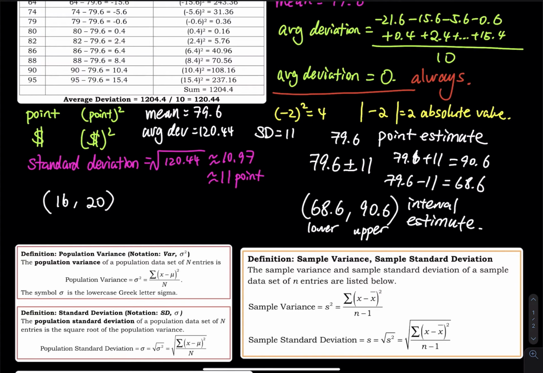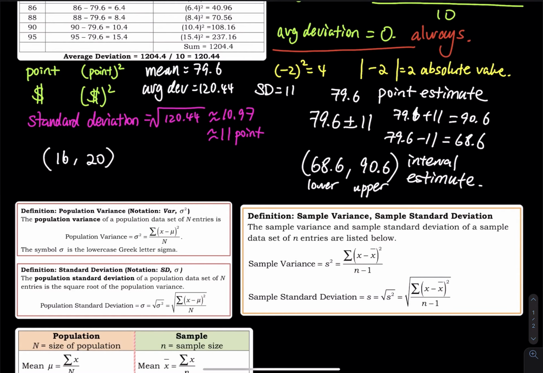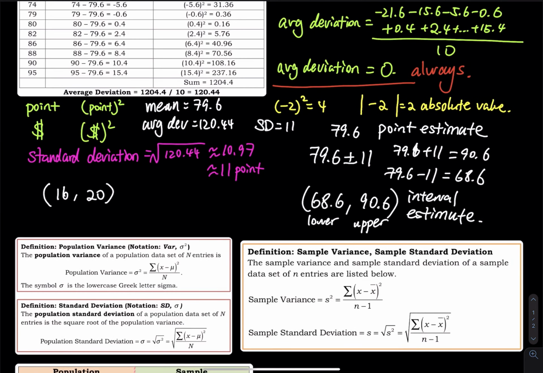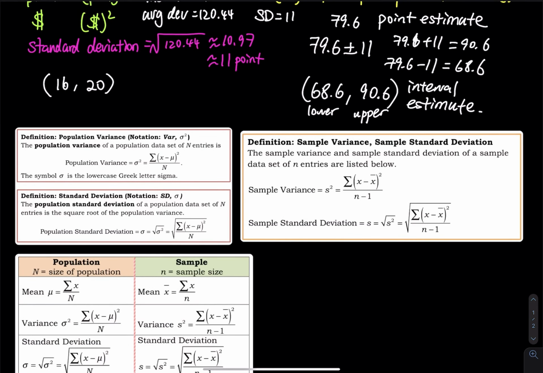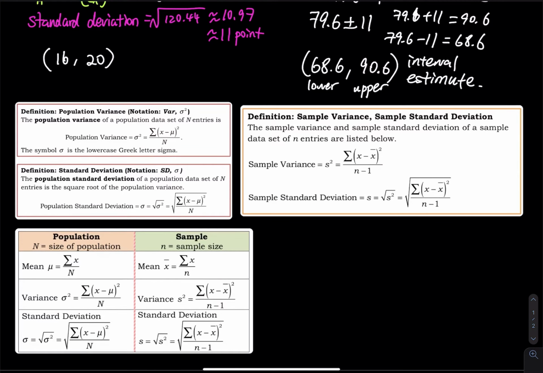All right. So now, we have the population variance, the method that I just did, the average deviation, the 120.44 is called population variance. The first screenshot on the left, population variance. So population variance of a population data set of capital N entries is population variance equals sigma squared.